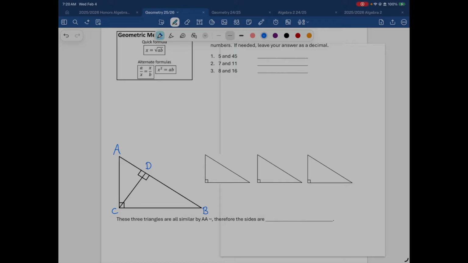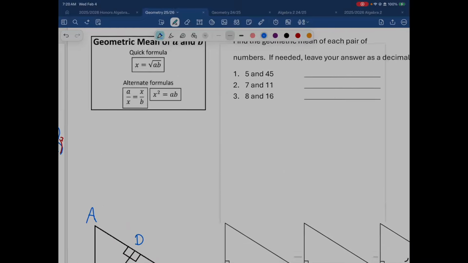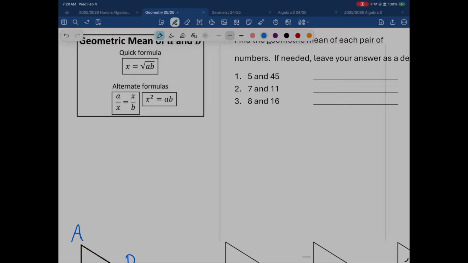Essentially what the geometric mean is, it's just a special type of average where we multiply numbers together and then take the square root of two numbers. So you can see our formulas that we're going to use for the geometric mean. There are two formulas that can be used. The quick formula, x is equal to the square root of AB.